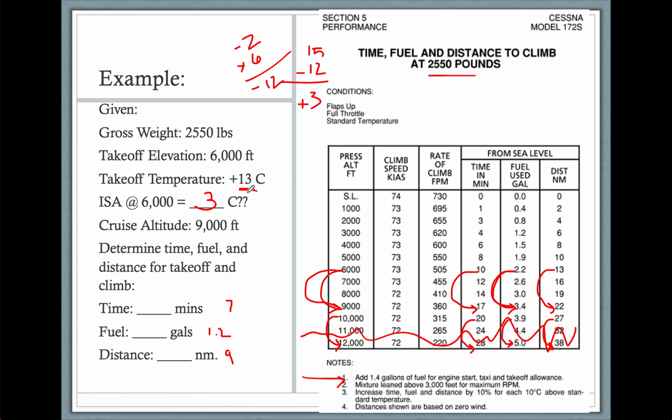I'm telling you, it is 13. So we are 10 degrees above standard temperature. Our ambient temperature is 10 degrees higher than it's supposed to be if it were standard. So we need to increase all our time, our fuel, and our distance by 10%. And this one's actually pretty easy.